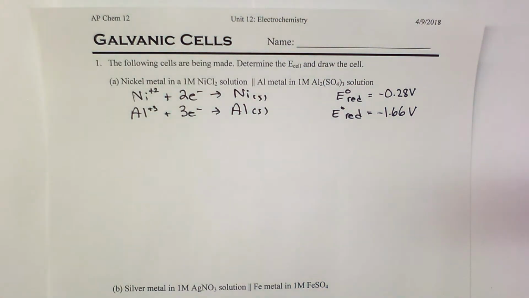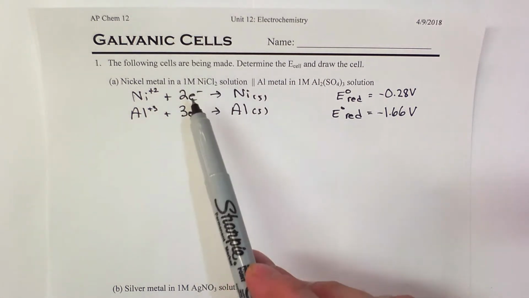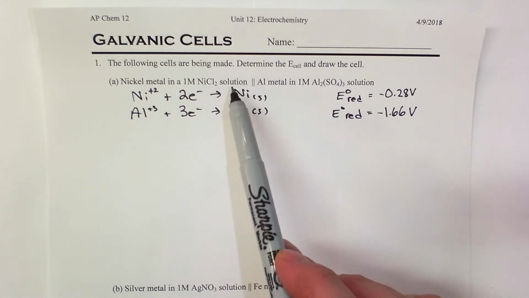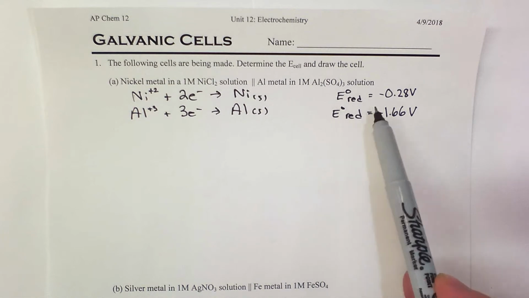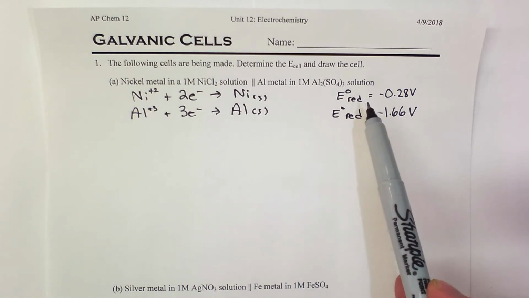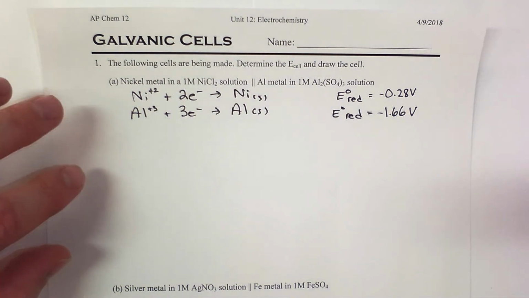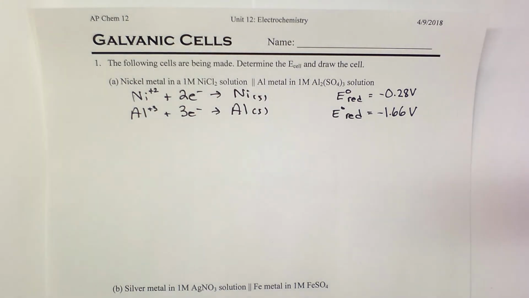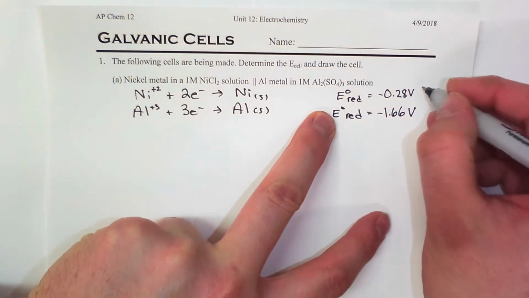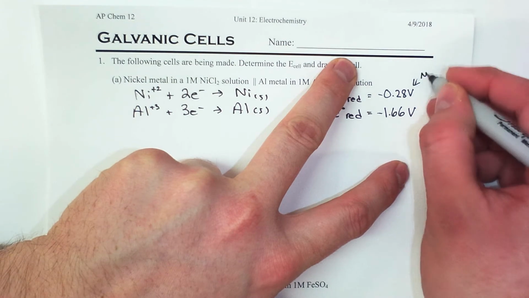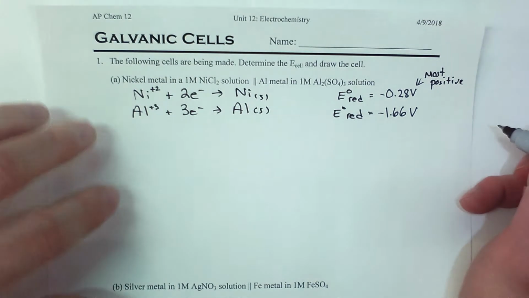So all I've done so far is take those two expressions and write them out as half reactions. The chlorine in the nickel chloride does not factor in at all, and the sulfate does not factor in either. So we'll try to figure out which one will undergo reduction, and the way we know that is by looking at the standard reduction potentials. The one that is the most positive is going to be the one that undergoes reduction.